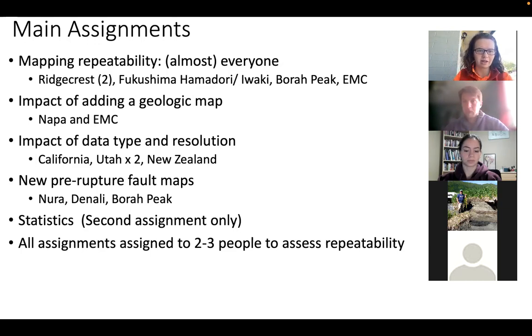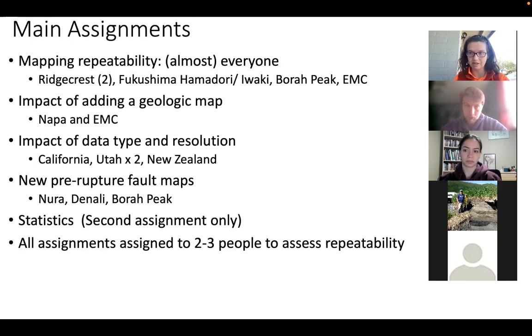Then a second assignment, the rest of these, just a few of the class will do, and everyone has one of them. This is going to be looking at the impact of adding a geologic map. So we have Napa and El Mayor-Cucapah.